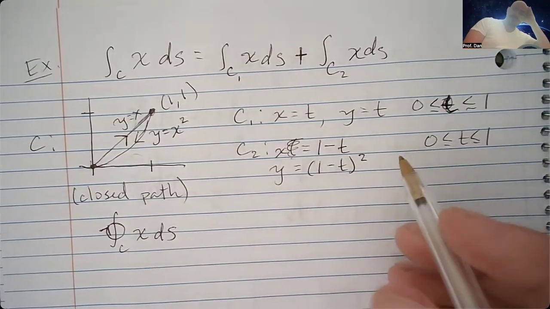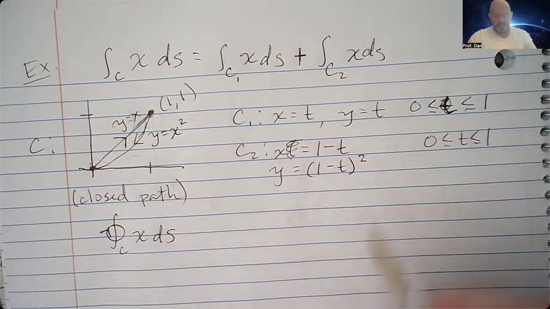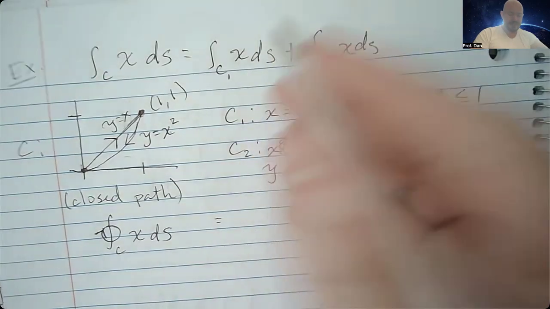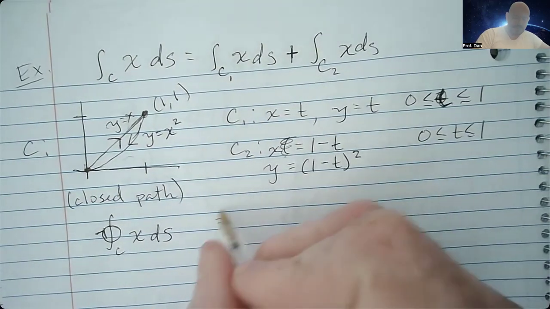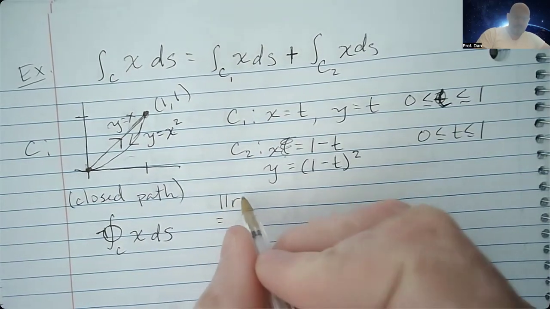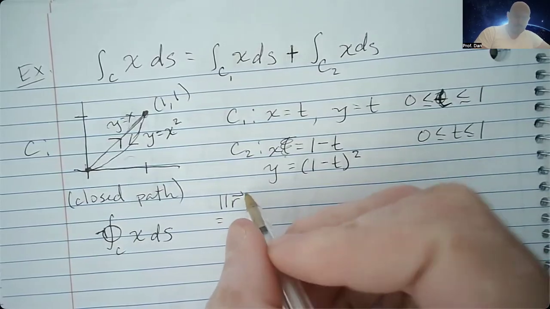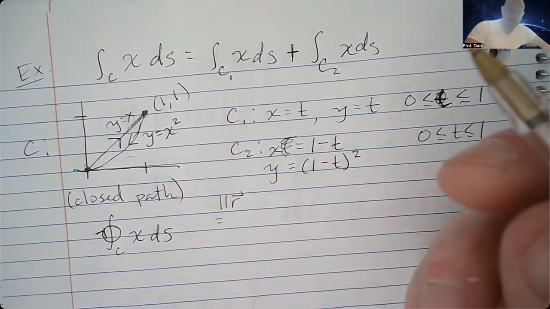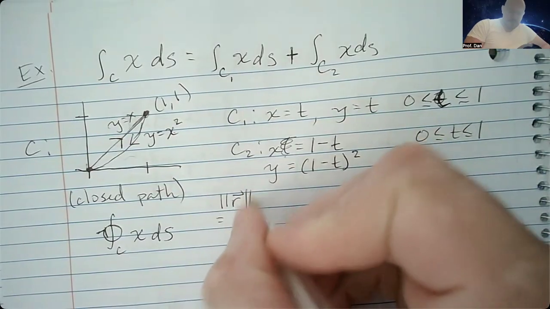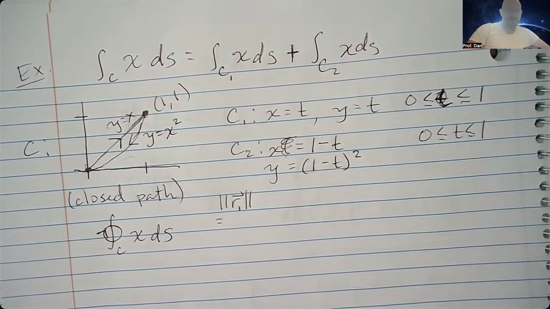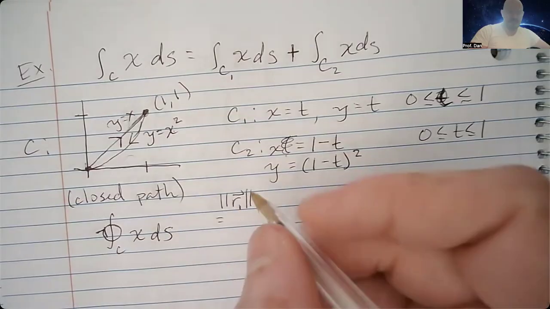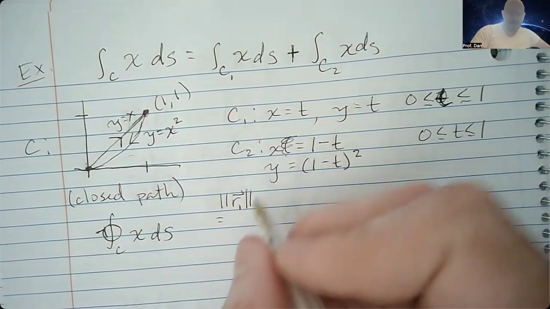So we have our parameterizations for each path. Now we can go and figure out what the magnitude of r prime is for each individual path.